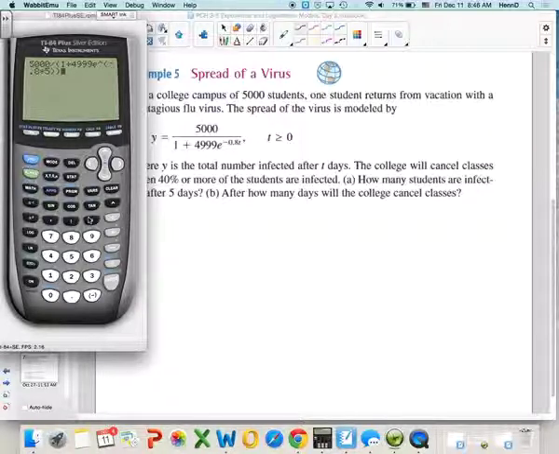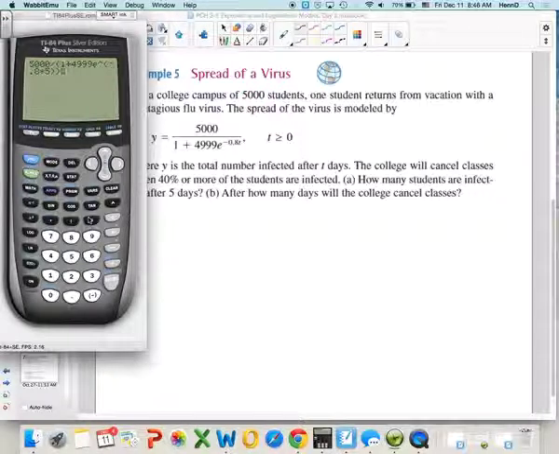Be careful with parentheses. So how many people are sick now? I think you guys forgot to put parentheses around your denominator.